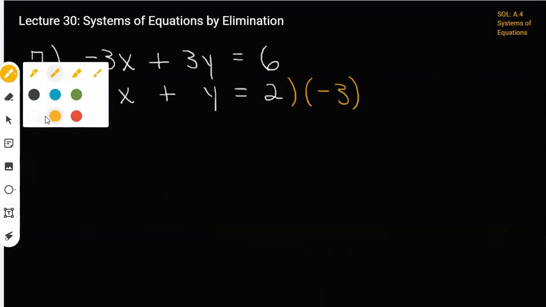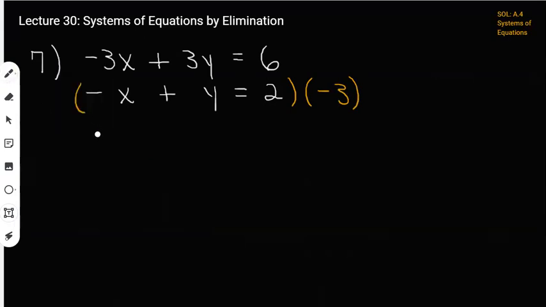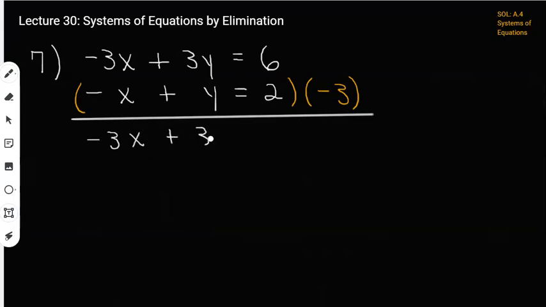So let's see what happens when I multiply by -3. First of all, the top line is going to stay the same. We're not multiplying the top line by anything so far. We're only multiplying the bottom line. But when I multiply by -3 on the bottom, every single number is going to get multiplied by -3.